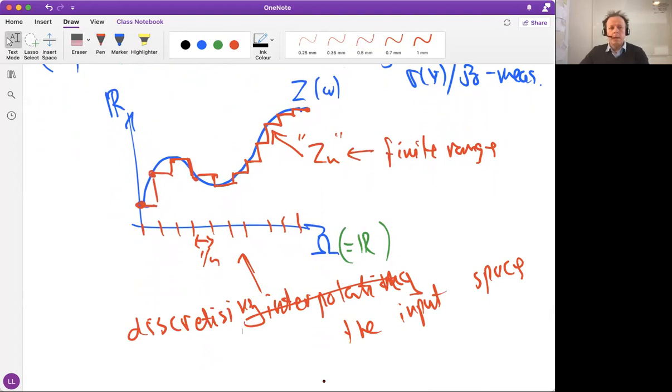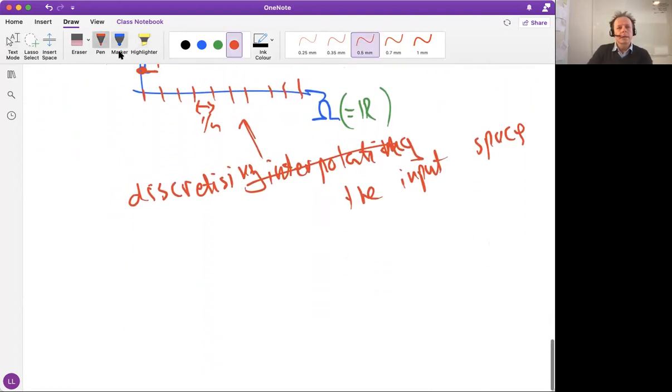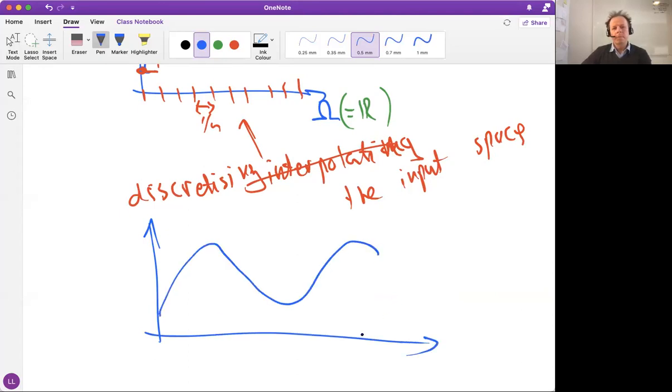And actually, the other option is to discretize the output space. So what we could also do, if you have a function of this form, let's call it Z omega, and this is omega again, and this is the real line. So what else could we discretize? We could discretize the output space. So let's say that we discretize the output space here in this way.